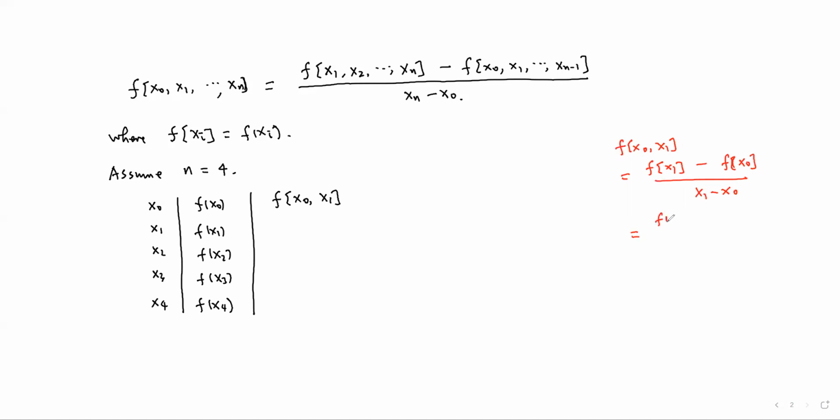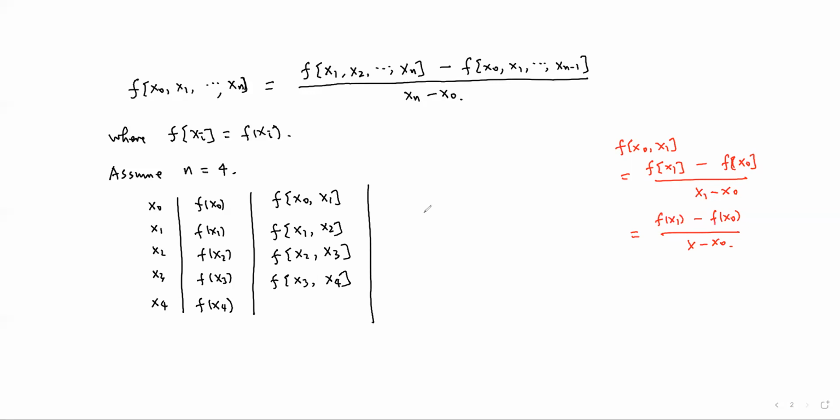And this is just the function value at x1 minus the function value at x0. From function values at x1 and x2, by this formula, we can compute the divided difference at x1 and x2. And from function values at x2 and x3, we can compute the divided difference at x2 and x3. And from function values at x3, x4, we can compute the x3, x4 divided difference.